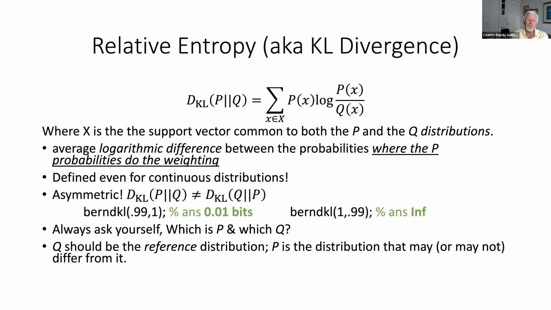Yeah, so that's where we're headed. But let me say something about this. First of all, this has the same units as entropy. That's why it's sometimes called the relative entropy.